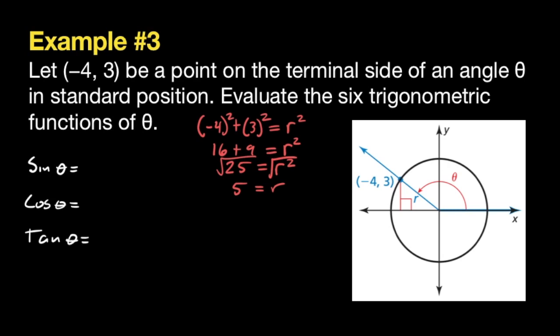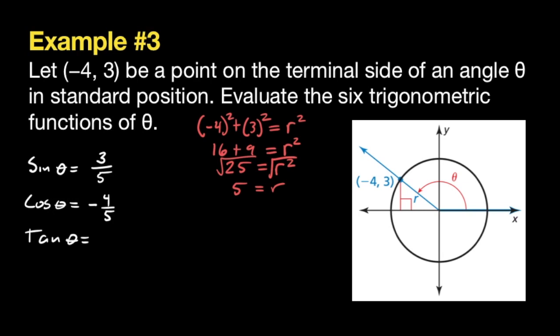And based on the list that we had before, we know that sine is going to be your y value, just coming from the coordinates, we know that that's going to be 3. So we have 3 divided by the hypotenuse, or r, that we already found that it's 5. So 3 over 5. For cosine, we're going to get negative 4 over 5.